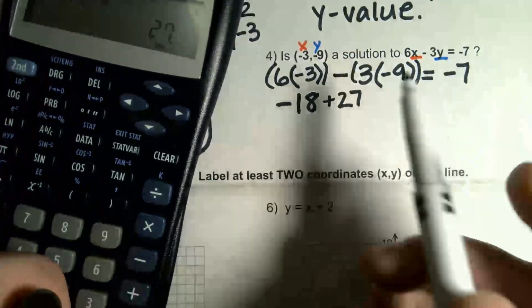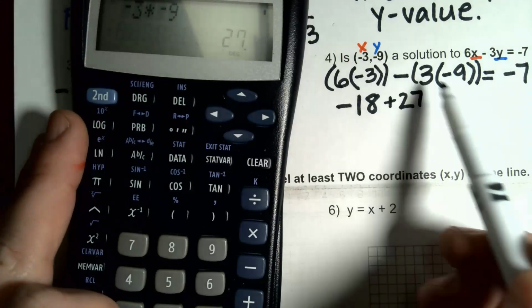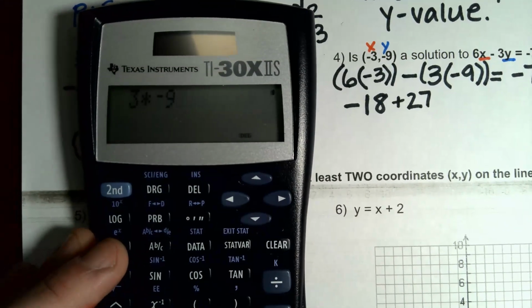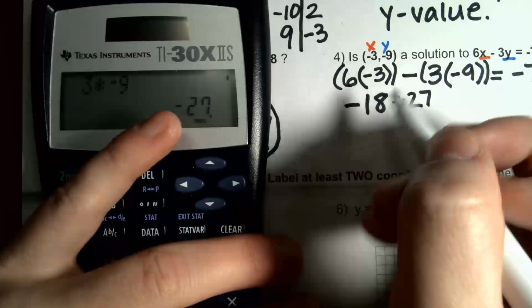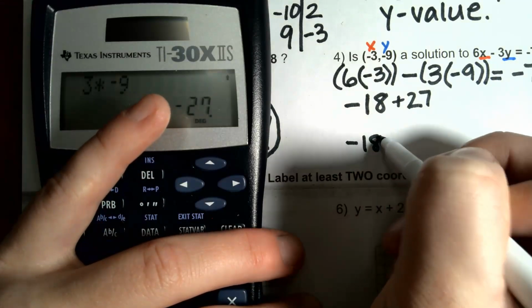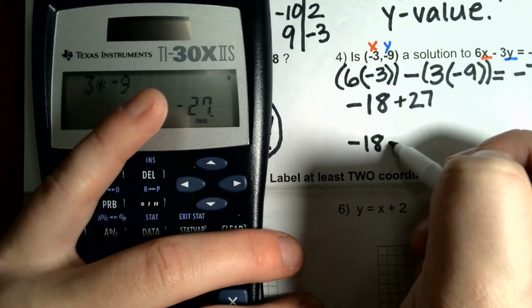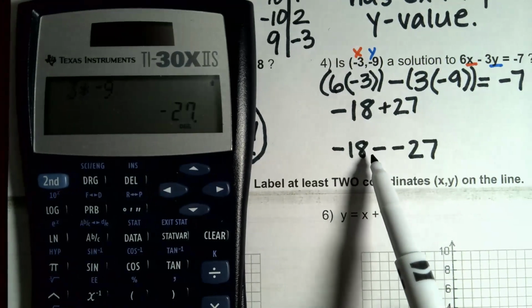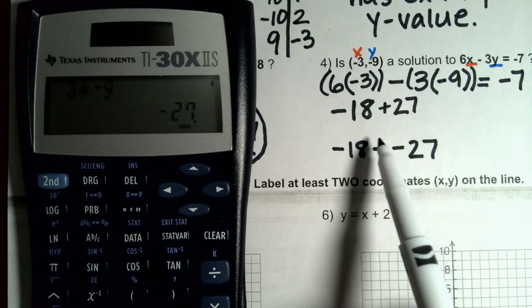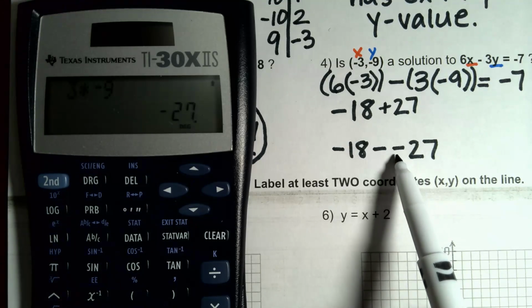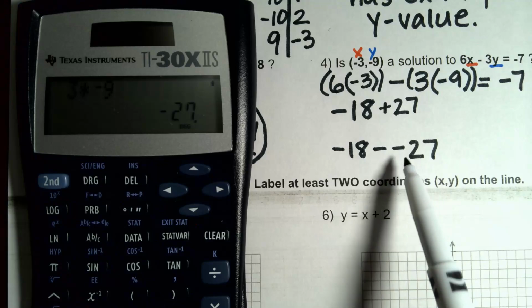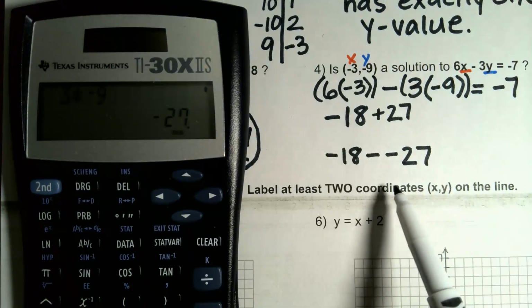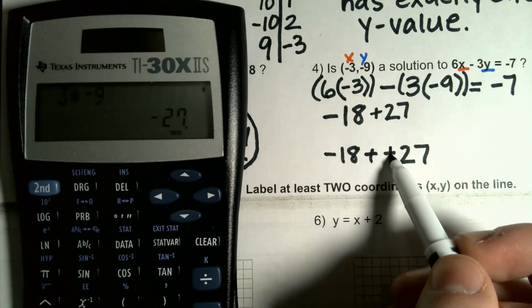Or if you would rather do 3 times negative 9, I'll show you. 3 times negative 9 is going to get you negative 27. So I'm going to write negative 18 minus negative 27. Remember, when you do minus a negative, it turns into a plus. Those two negatives beside each other just turn into a plus 27.